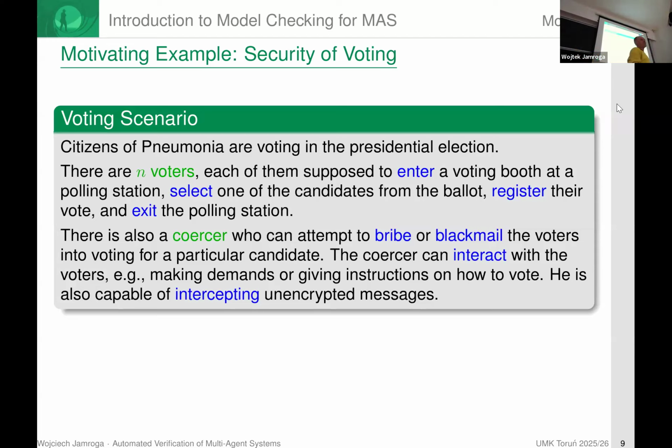So there can be bad guys who want to steal votes, bribe voters, blackmail them, basically coerce them to vote for a different candidate than the voter really likes.